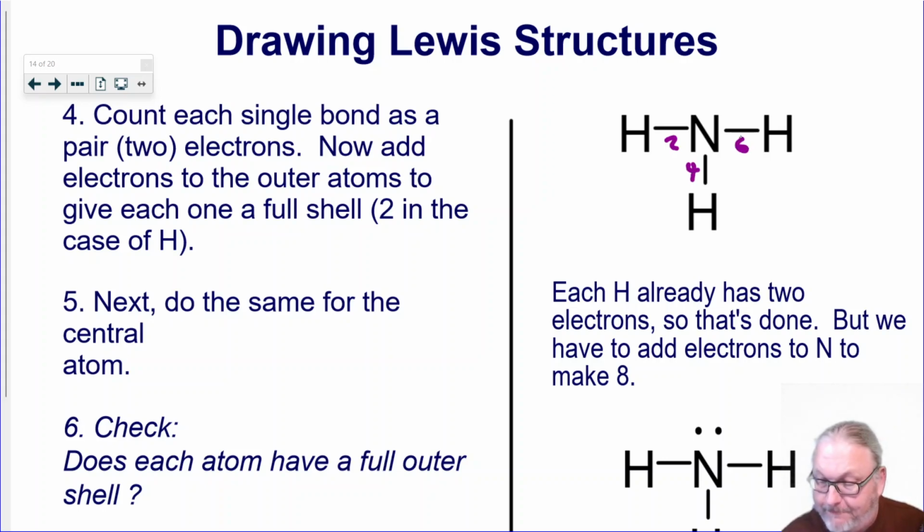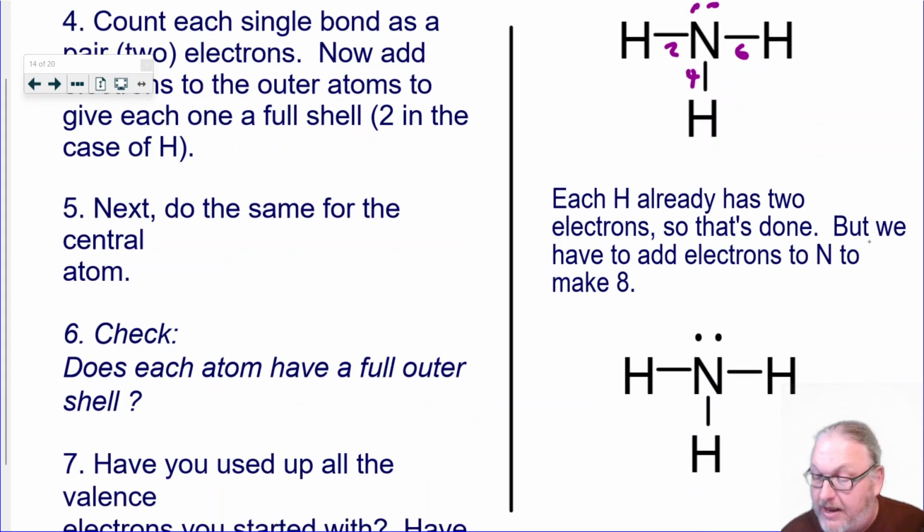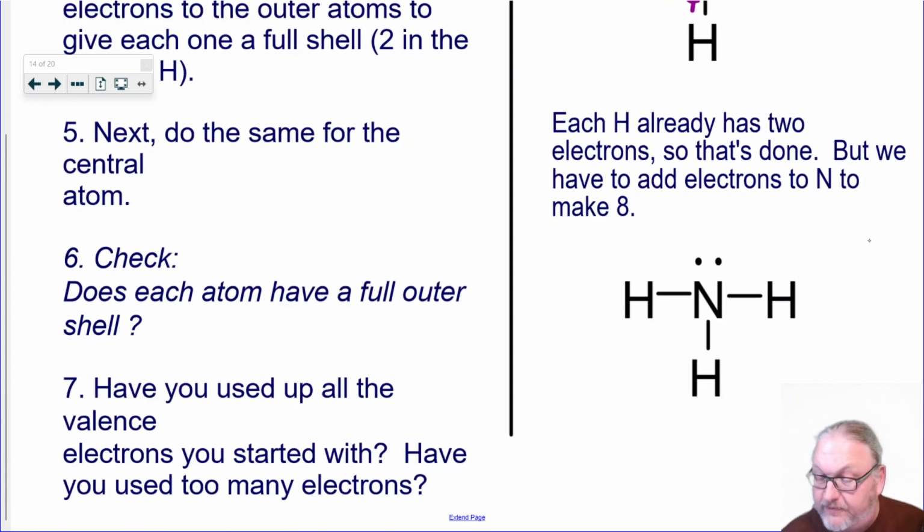All right. So we're going to make sure that they have a full octet, or in hydrogen's case, 2. Each of those has 2 around it. Then we've got to make sure that the central atom has a full octet. 2, 4, 6. I've got to put 2 electrons around there. Now, does each atom have a full outer shell? Well, hydrogen has 2, that has 2, that has 2.